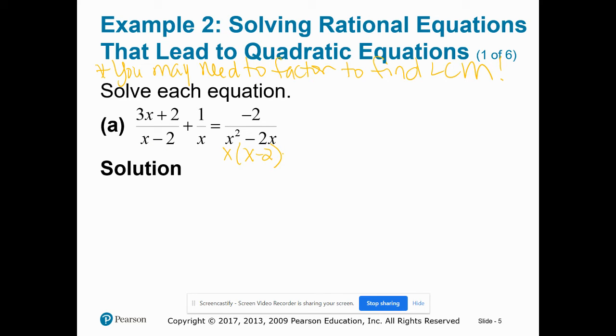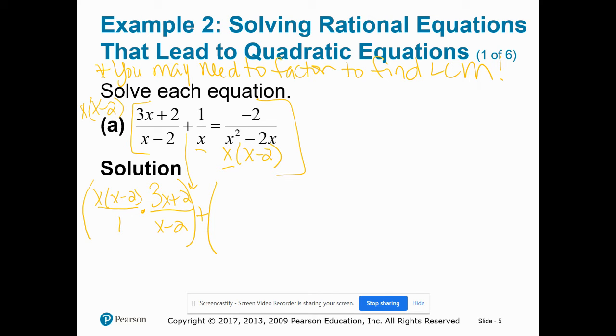So I see x minus 2 and x. So it looks like x times x minus 2 will be our common denominator. So I take x times x minus 2 over 1 times the 3x plus 2 over x minus 2.